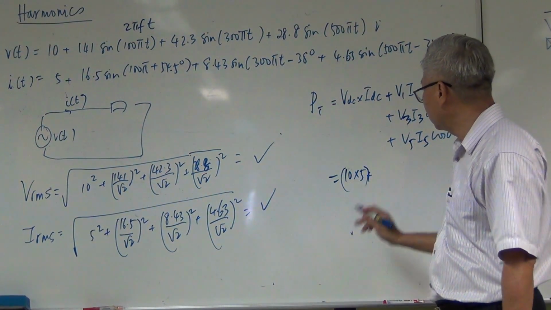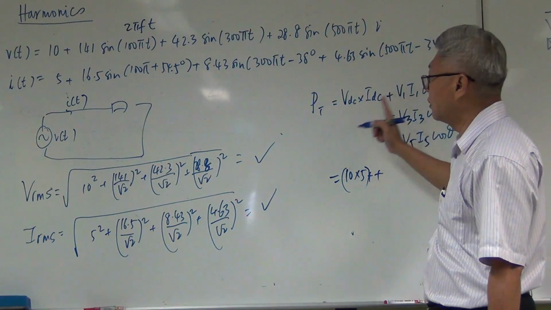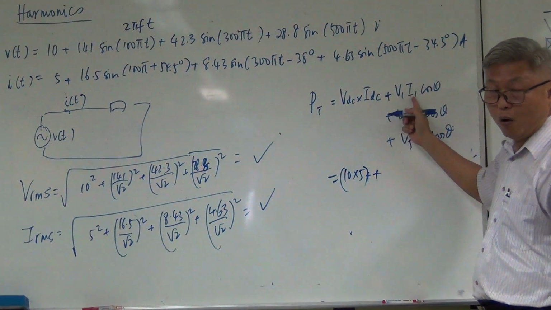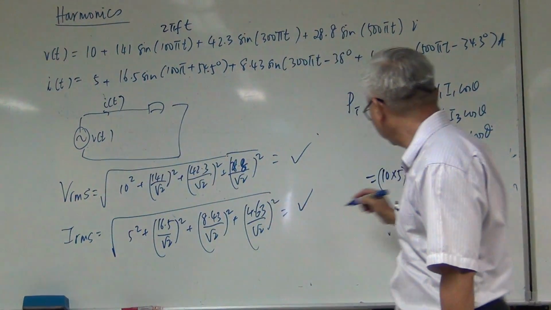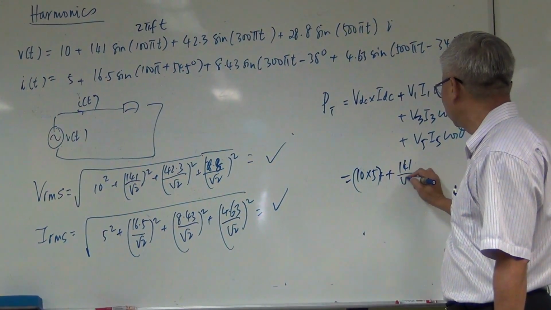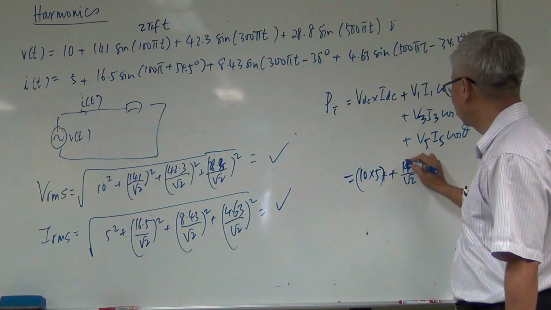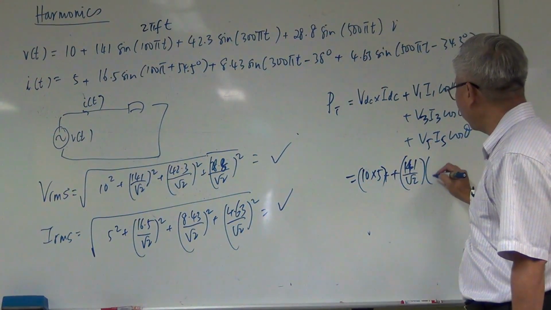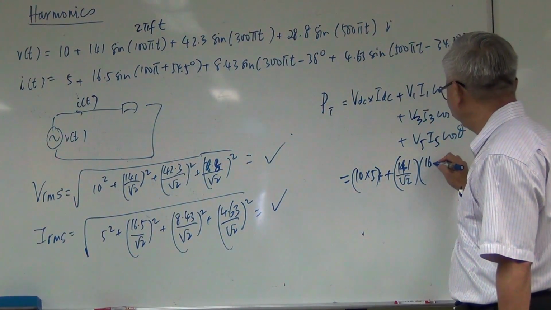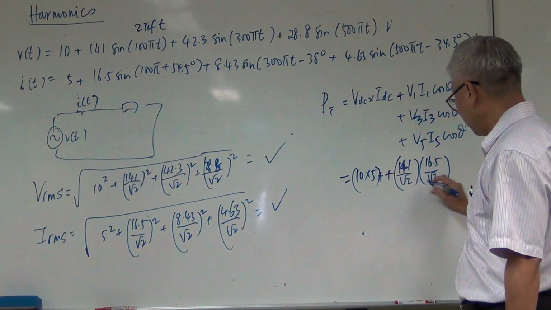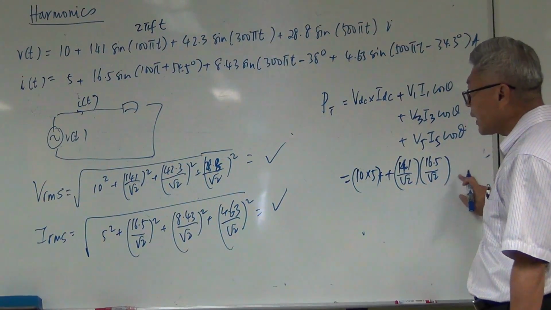That's the first one. Second one, remember the power formula must be all RMS. So V1 is 141 divided by square root 2, and multiply the I, which will be 16.5 divided by square root 2. So this is VI cosine theta.